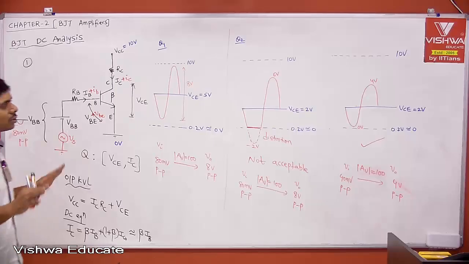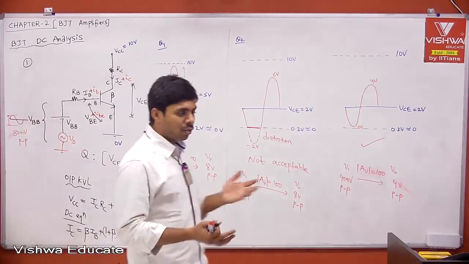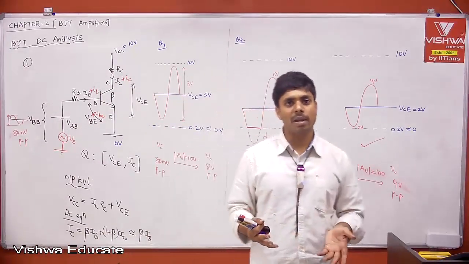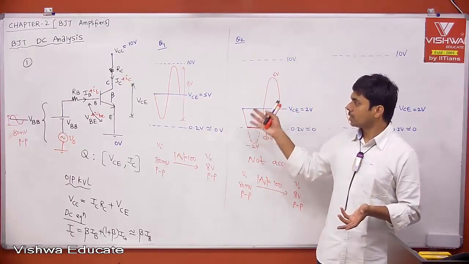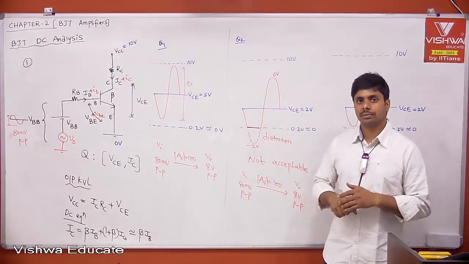Once the design is done, it should be stable. But before the design, wherever you want to apply or operate your transistor, output voltage and output current, you can keep it.